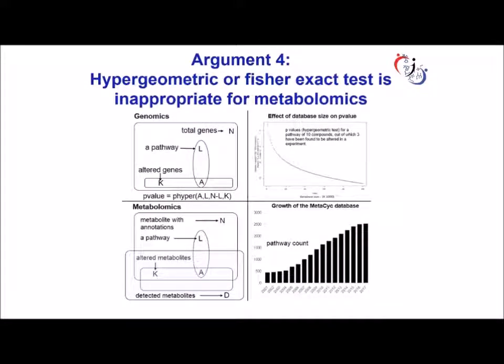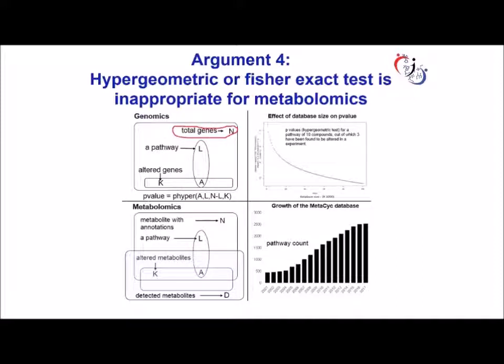Argument 4. The hypergeometric or Fisher exact test is inappropriate for metabolomics. This test was often used in genomic research. It's okay to use this test for genomics because we know the total number of genes in a genome, so the size of the background database is fixed. And for any given genomic assay, whether it's a transcriptomics assay, RNA-seq, or protein, all the genes will be covered in a background database.